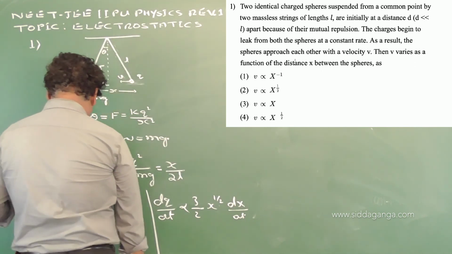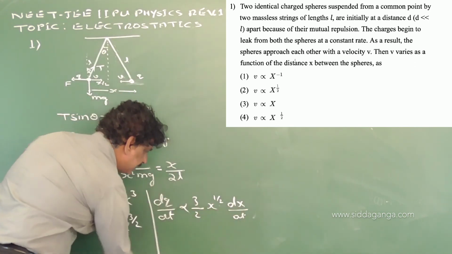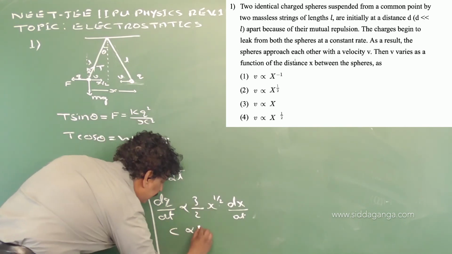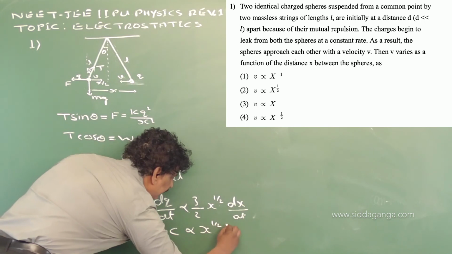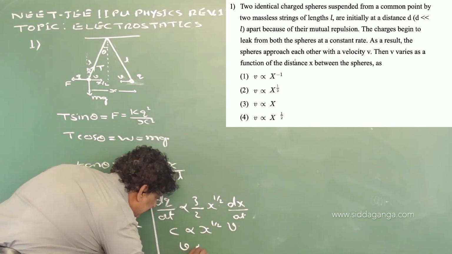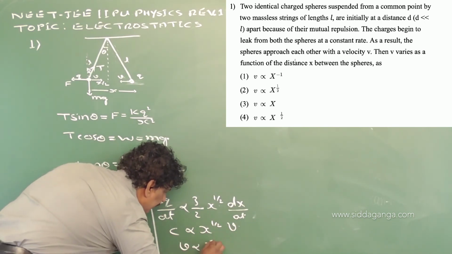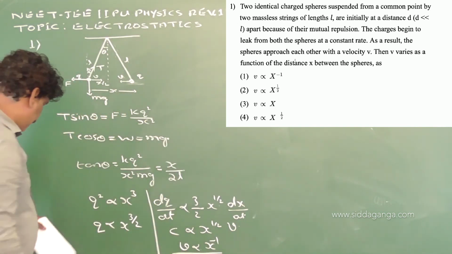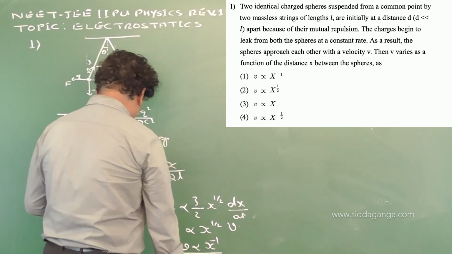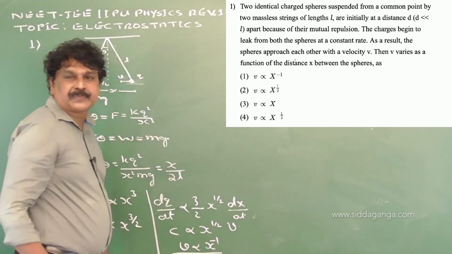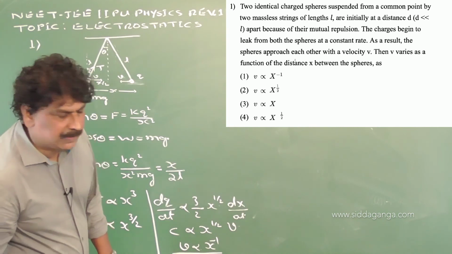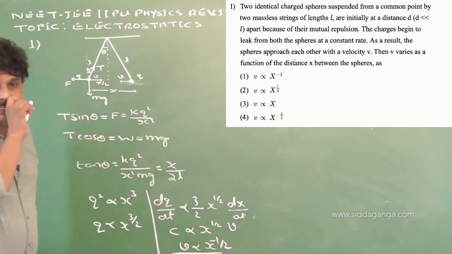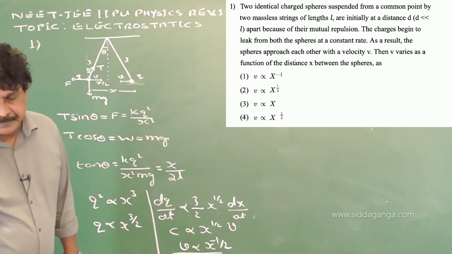Now this dx by dt is v, that means this constant is directly proportional to x to the power of half into v, that indicates that v is proportional to x to the power of minus 1 by 2. So the fourth option is the right option.